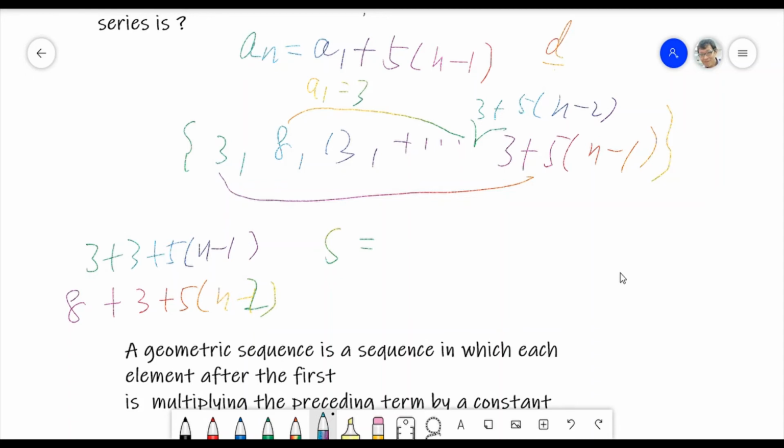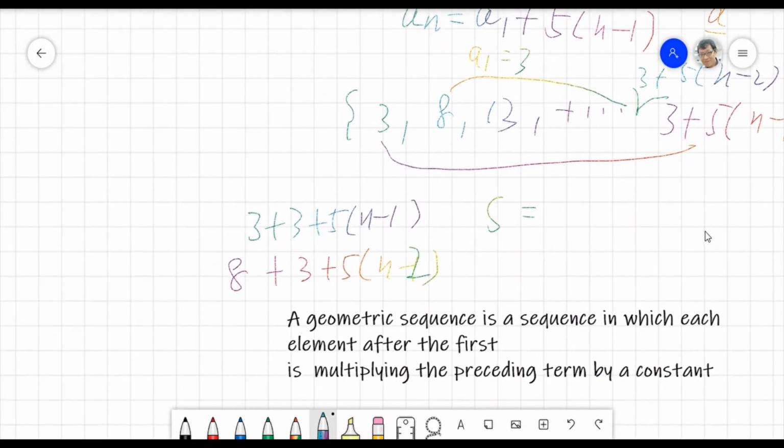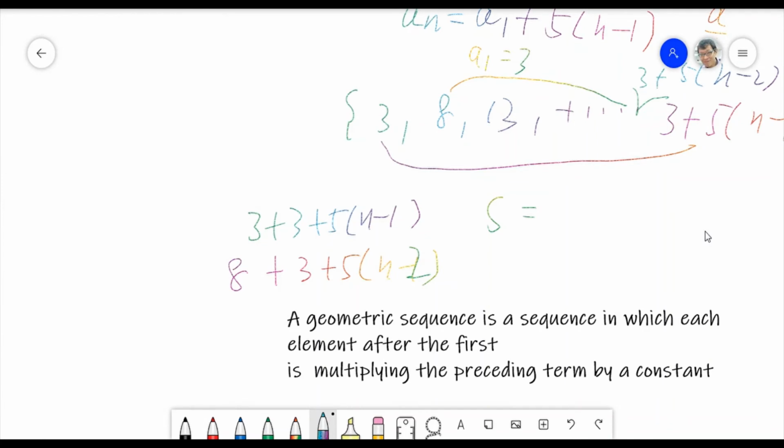Okay, so let's see if they're really the same. We make the first, let's go to the left side, some more space. 3 plus 3 is just 6, plus 5 times n minus 5. It's better to still use the black pen.